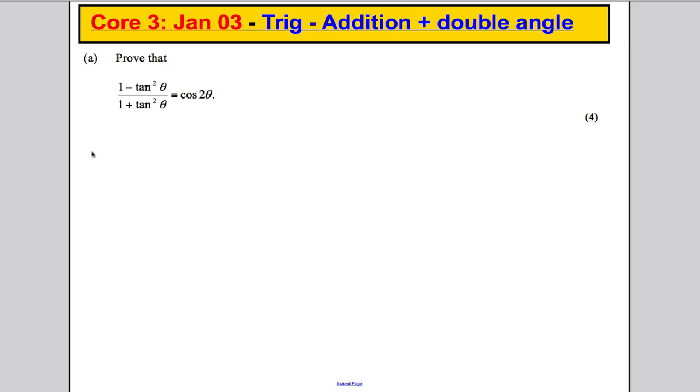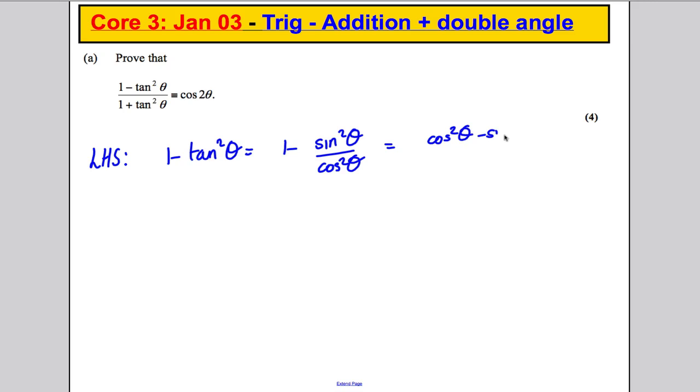There are many ways to do it. Let's just start off by writing out what the top and bottom means. The top is 1 minus tan squared theta, which is 1 subtract sine squared theta over cos squared theta, which if we make the denominators the same, that would be cos squared theta subtract sine squared theta, all divided by cos squared theta.